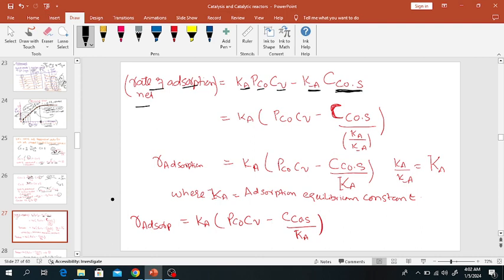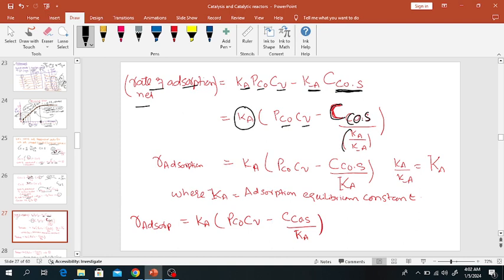So again, k_A will come out, and the net rate of adsorption will be equal to k_A times (P_CO C_v minus the concentration of carbon monoxide at the active site divided by k_A divided by k_-A), the rate of attachment divided by the rate of detachment.